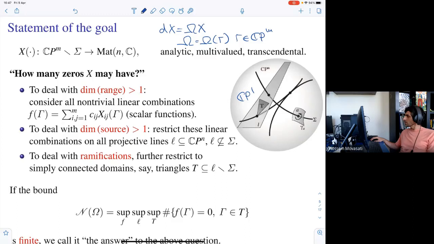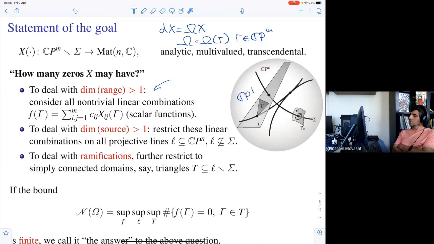I can consider all of them independently, but in practice, I want to consider a restriction of my functions from the first item here on all such projective lines. Well, I cannot do this for all such lines because some of them are inside the singular locus.